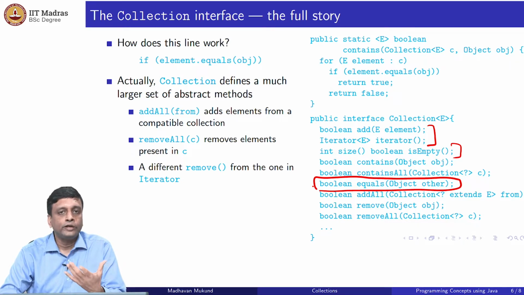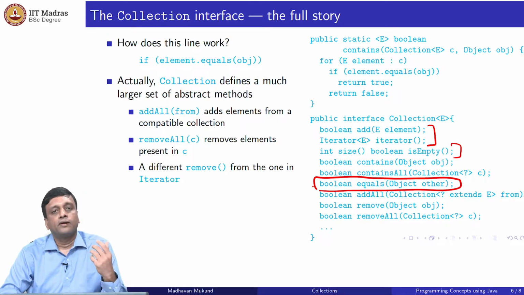So, it is your duty to provide a meaningful function. Of course, remember that if there is no meaningful function, then you will just use the pointer equality that is defined in Object, but you can choose to do casting, do whatever you want, and make it a more meaningful equals, but it is part of the requirement of the collection.